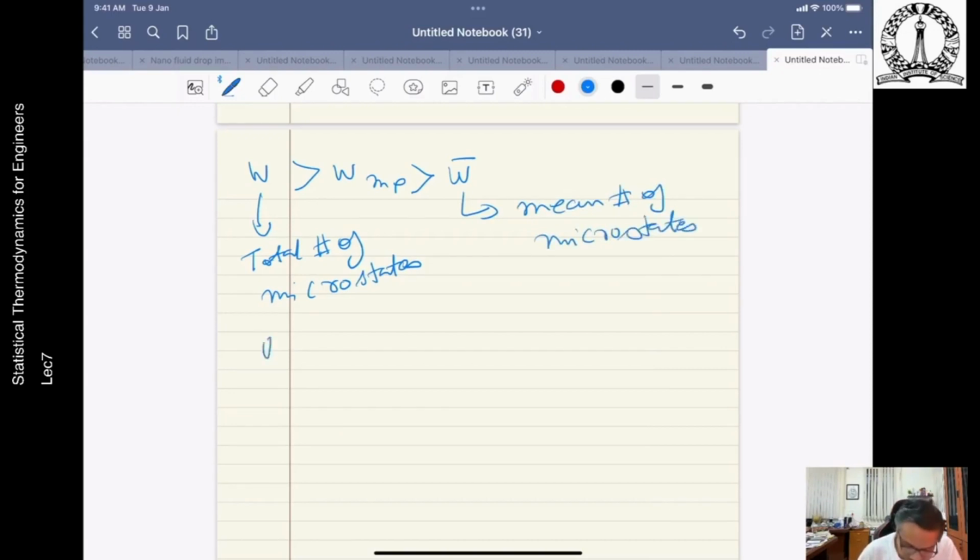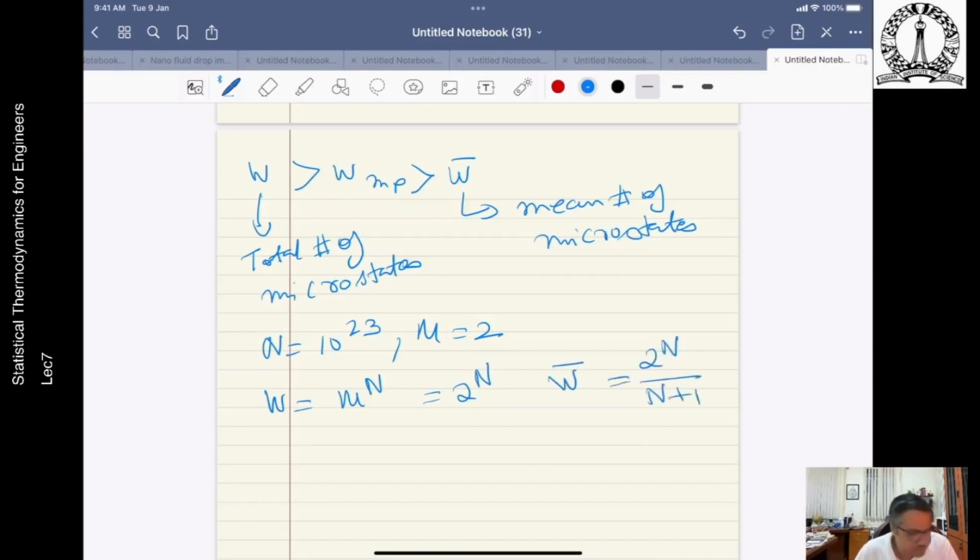Now, if n is 10 to the power of 23 and m is equal to 2, then W, the total number of microstates, is given as m to the power of n, which is basically 2 to the power of n. Then W bar, the mean number of microstates, is 2 to the power of n divided by n plus 1.